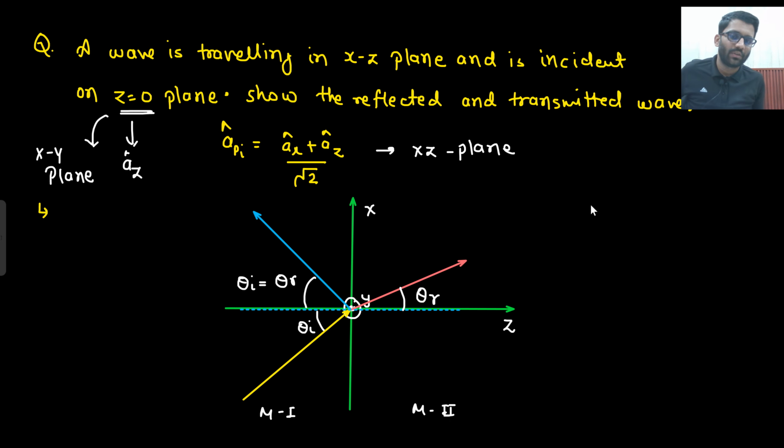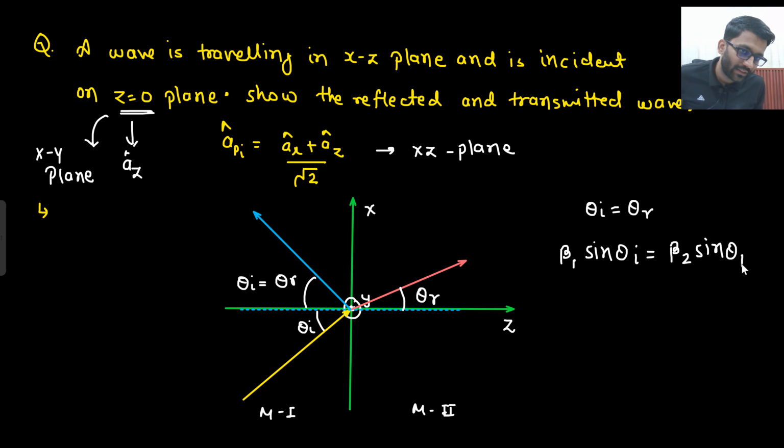So theta i is equal to theta r, and the other thing is that beta of medium 1 sin theta i is equal to beta of medium 2 sin theta t. Sorry, not sin theta r. Really sorry, all fine.